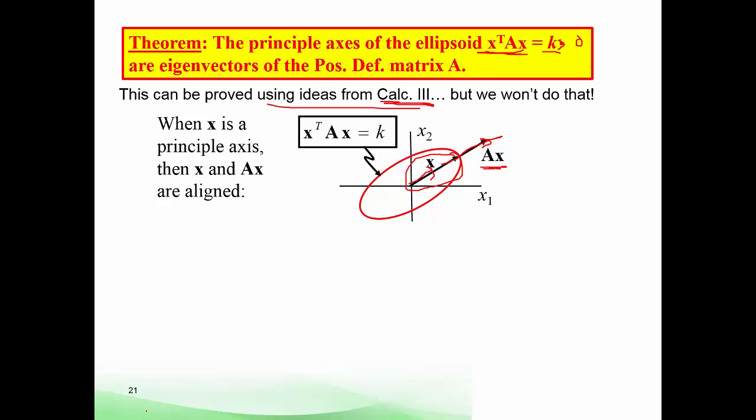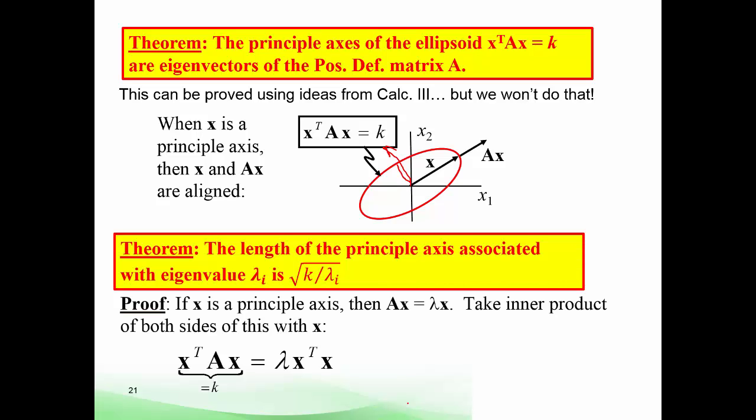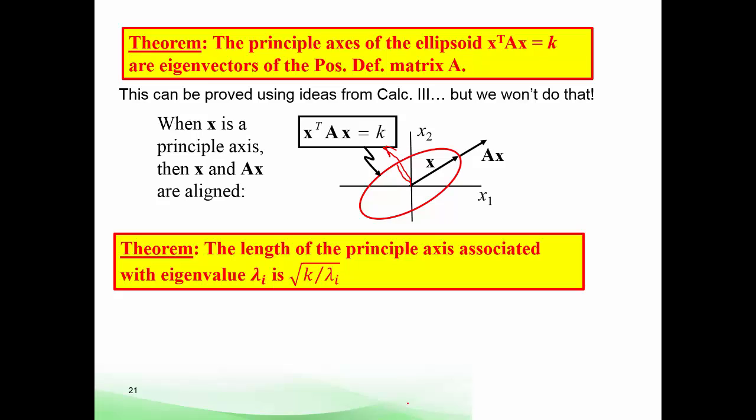That's pretty cool. And it's even cooler that we can actually prove that that is true. Likewise, if we picked one over here, that would be the other eigenvector. A x would also lie along it. It wouldn't flip because remember, positive definite eigenvalues are positive. But what we can prove is this little second part of this theorem.